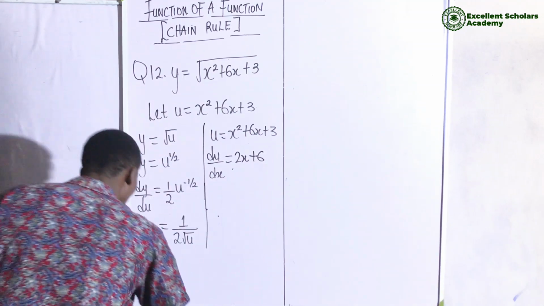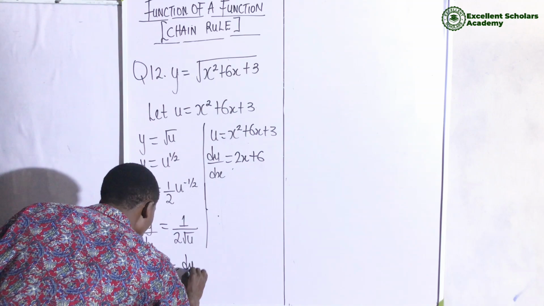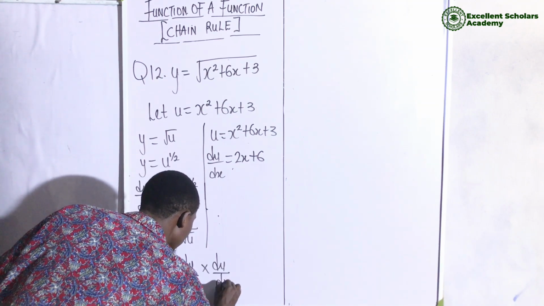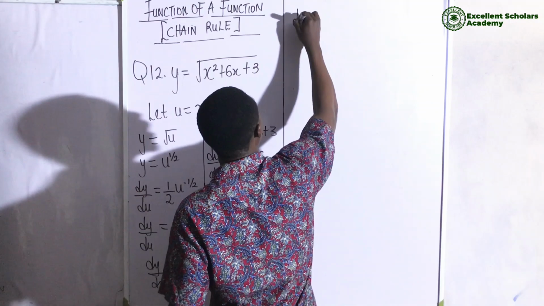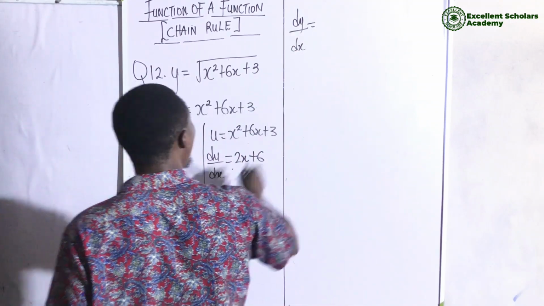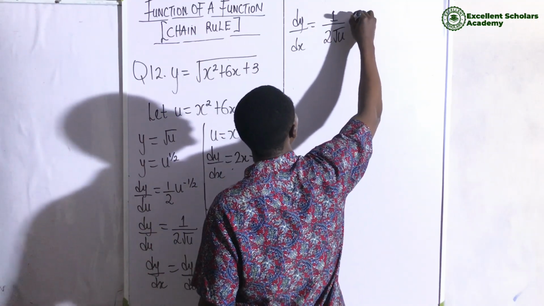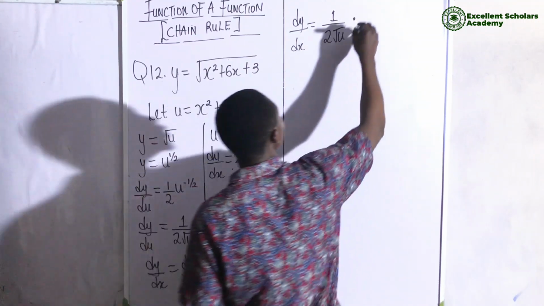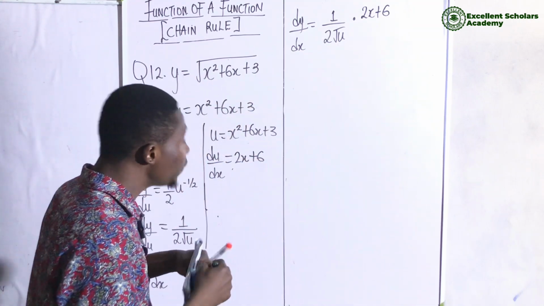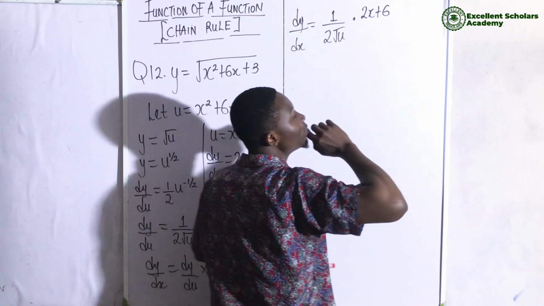Okay, so finally our dy/dx will be dy/du times du/dx. So finally our dy/dx will be equal to 1 over 2 root u multiplied by 2x plus 6. Now, if you watch 2x plus 6 closely, 2 is common between 2x and 6.